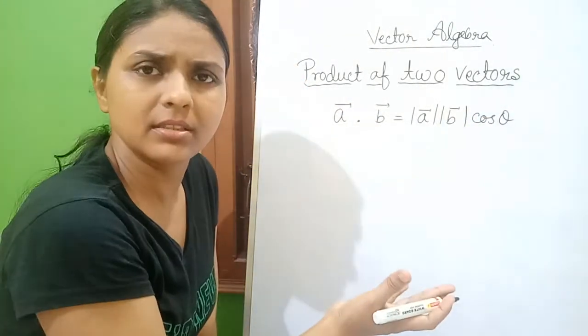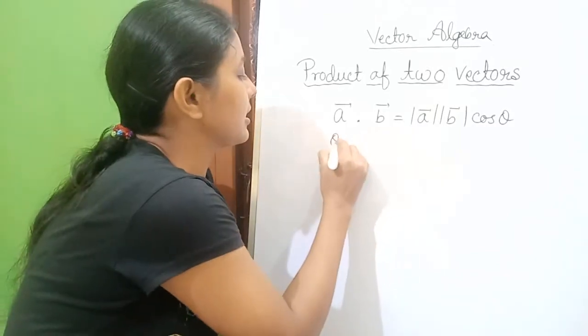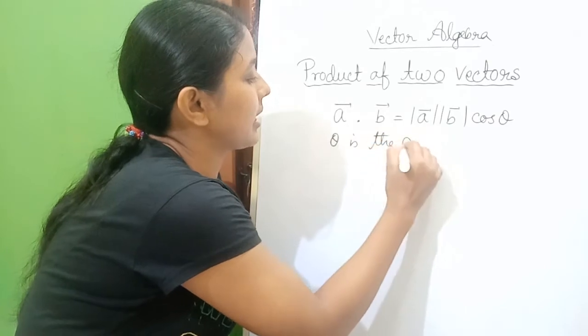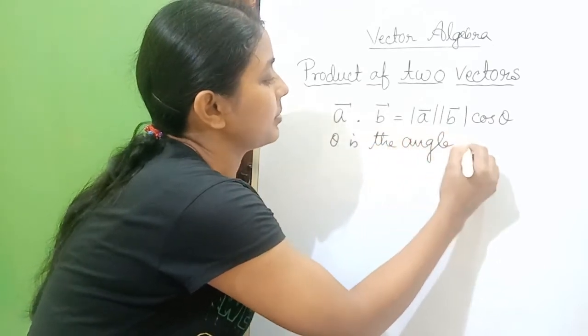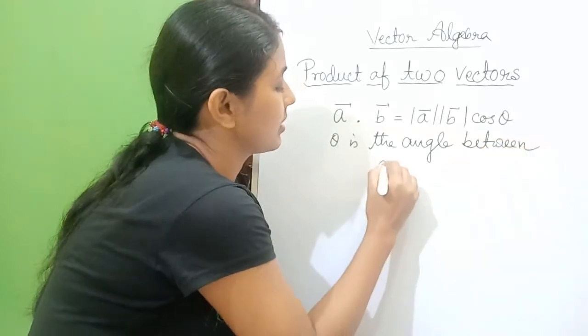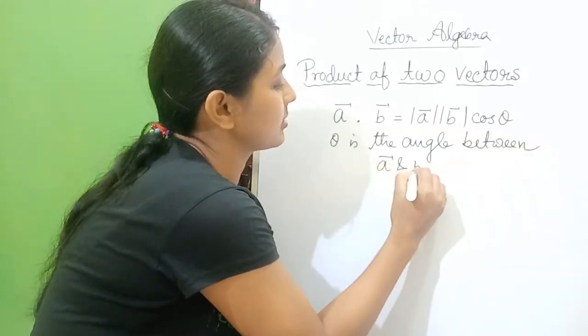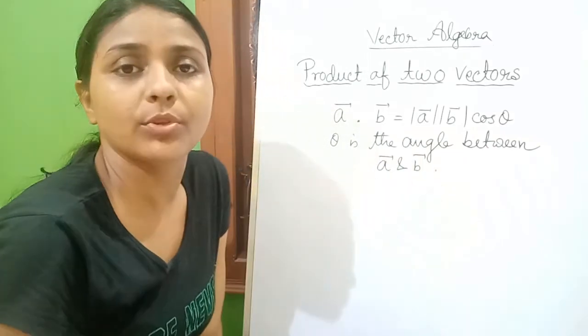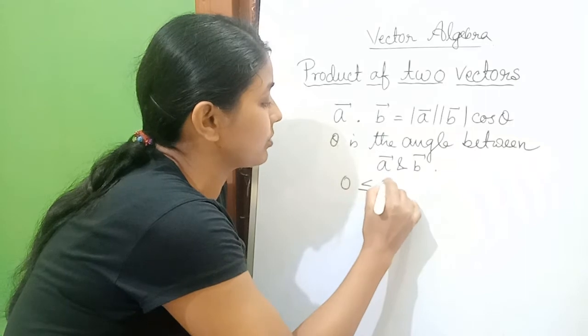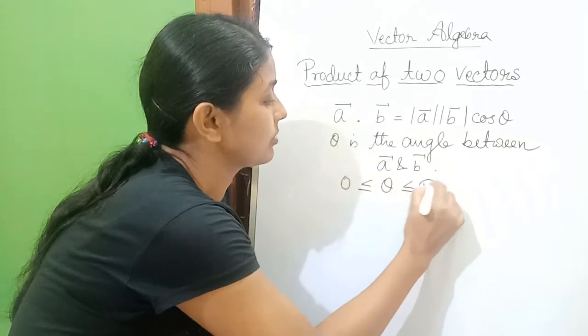What is theta then? Theta is the angle between both the vectors. Theta will be 0 less than or equal to theta less than or equal to pi.